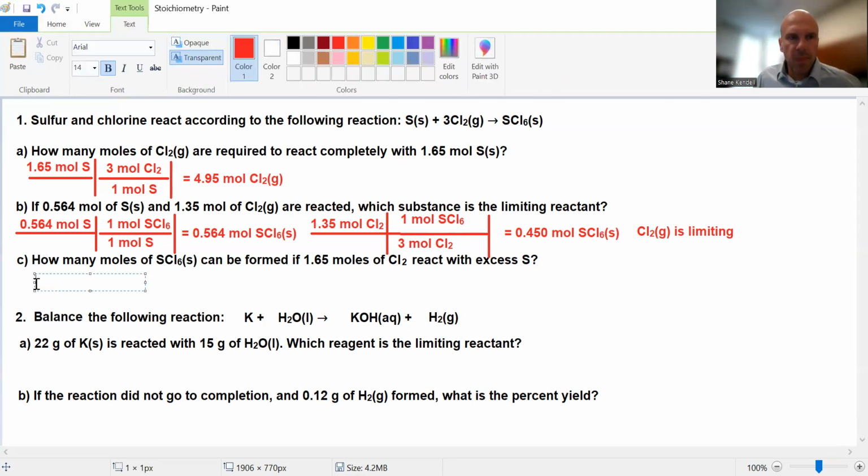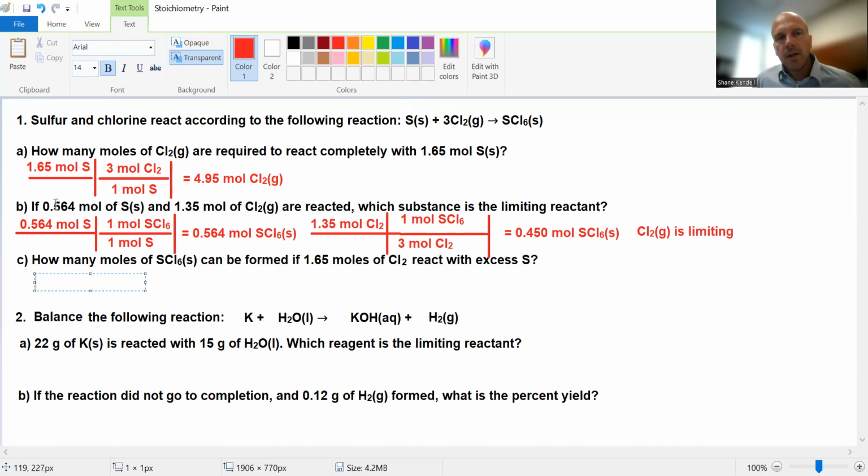So I'll just backtrack a little bit. I could have already seen, without having to do these calculations, that the Cl2 was going to be limiting. And the reason is because looking at the original equation, I've got 1:3. I'll always need 3 times as much Cl2 as I have sulfur.